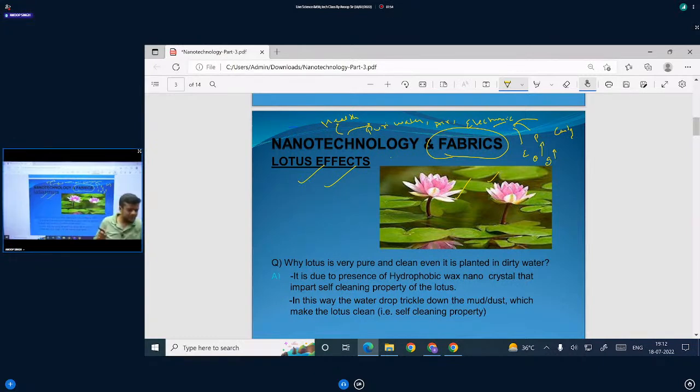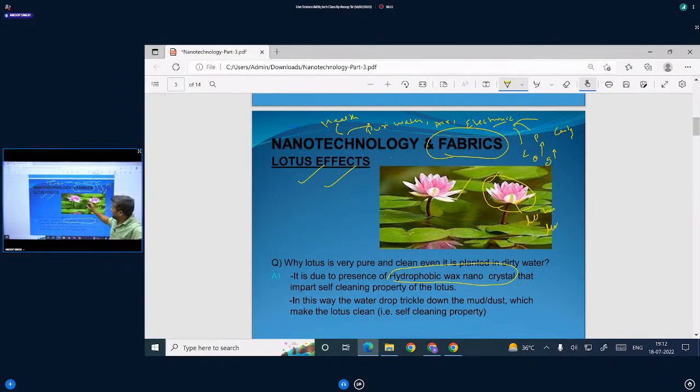It is because of one important factor present in the lotus leaf, the presence of hydrophobic wax nanocrystals that help the lotus flower clean its own leaves.